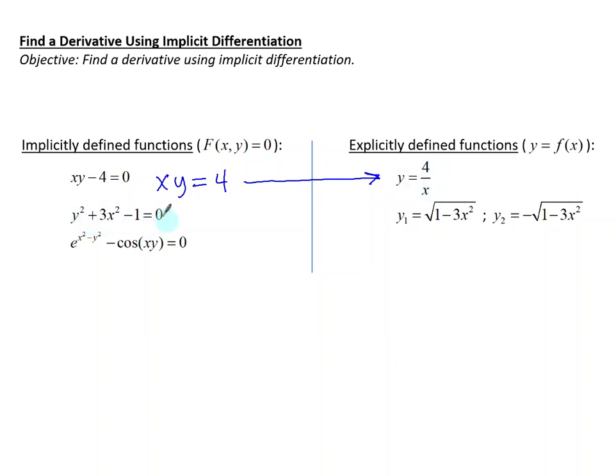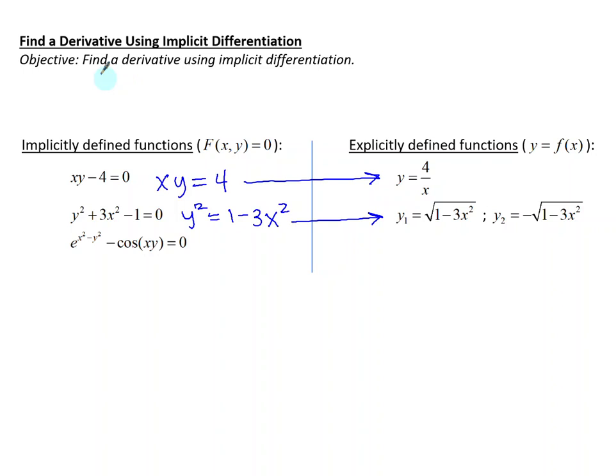Also, this equation, we can subtract the 3x squared and add the 1, so y squared equals 1 minus 3x squared. And then taking the square root gives us two explicitly defined functions, the positive square root of 1 minus 3x squared and the negative square root of 1 minus 3x squared.